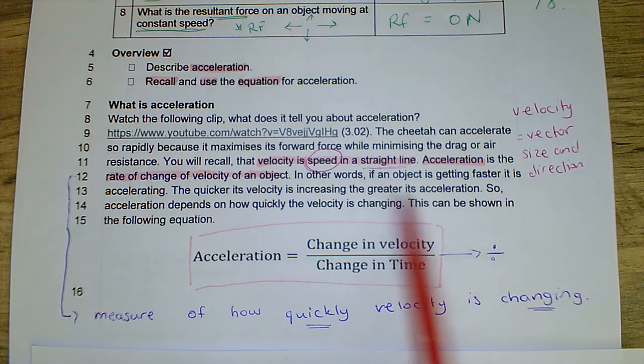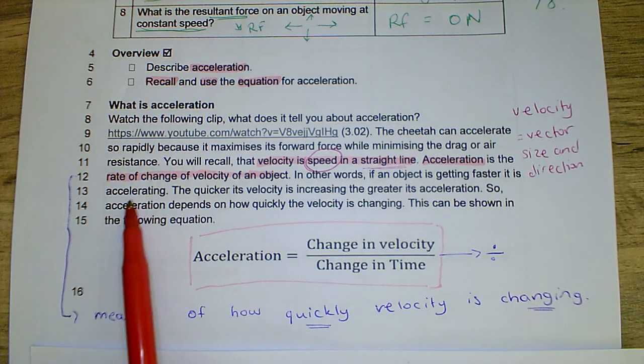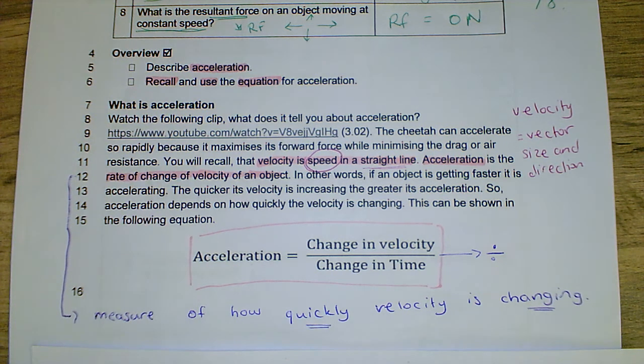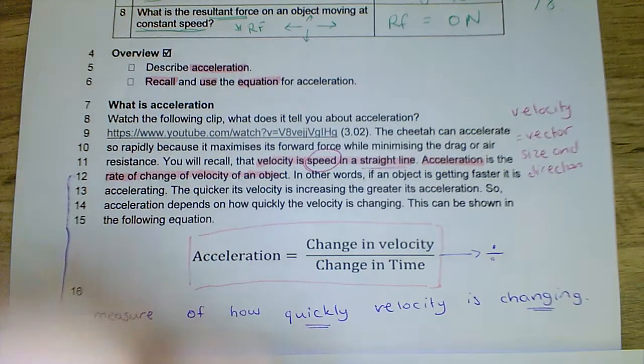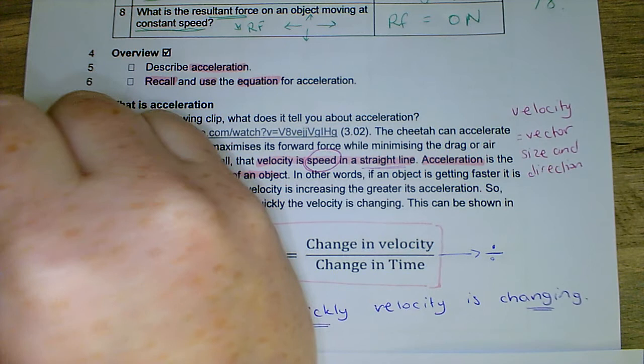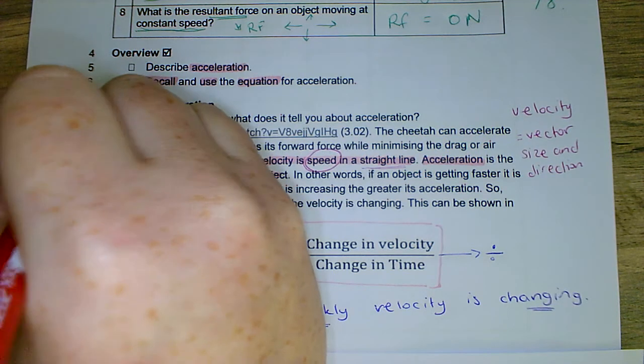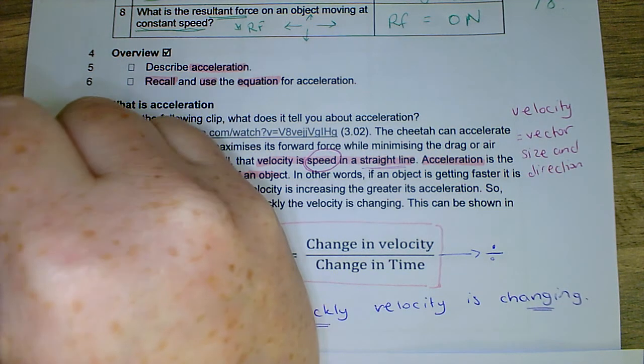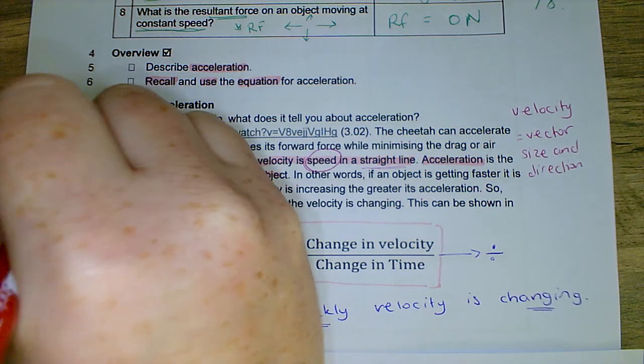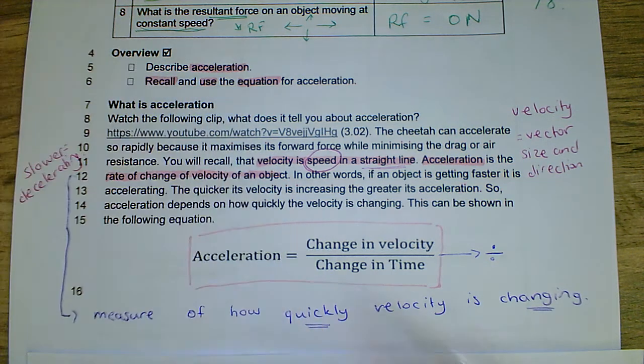So if an object is getting faster, it is accelerating, and if an object is getting slower, it's decelerating. Just a few quick notes to add on to the side. The quicker the velocity is increasing, the greater the acceleration.